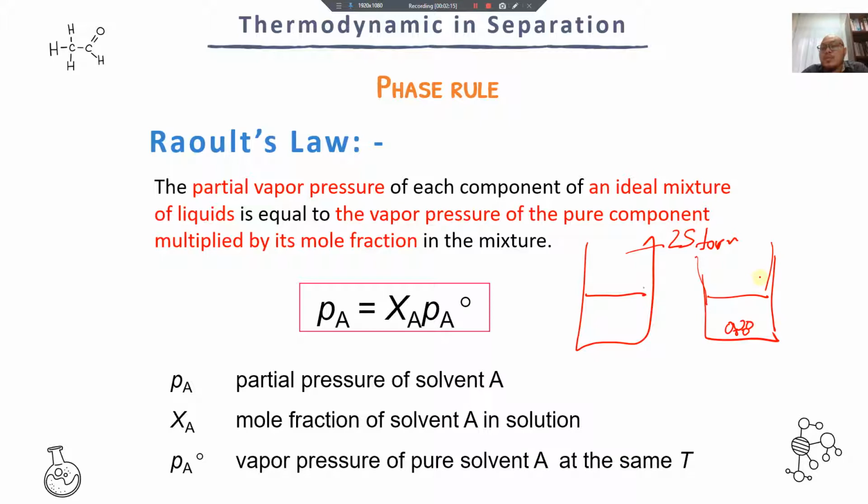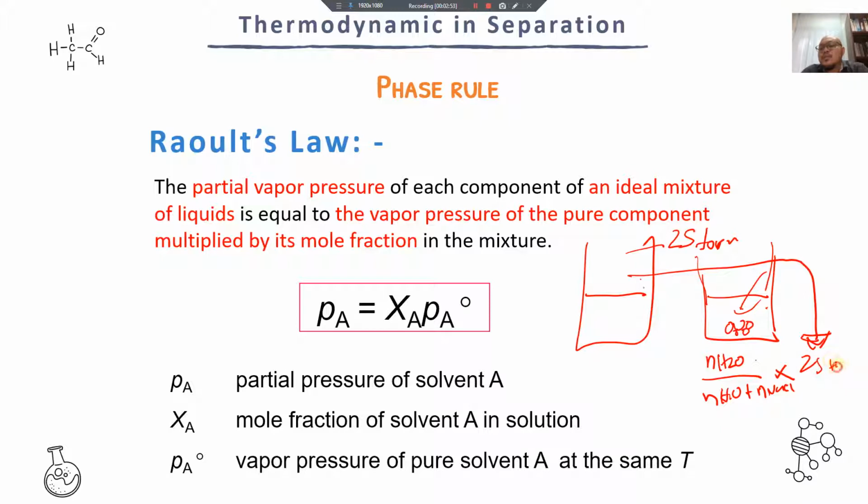For example, you have a compound and want to calculate the partial vapor pressure. You can calculate the mole fraction: the mole of H2O over mole of H2O plus, let's say we put salt here, NaCl. You multiply by the vapor pressure of the pure component, for example 25 torr.